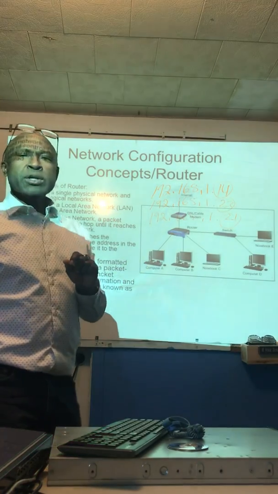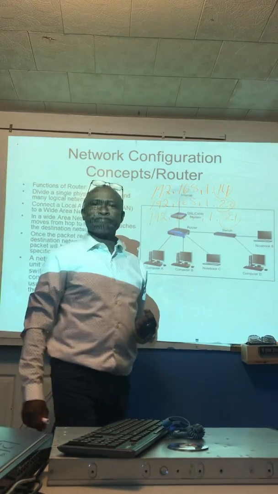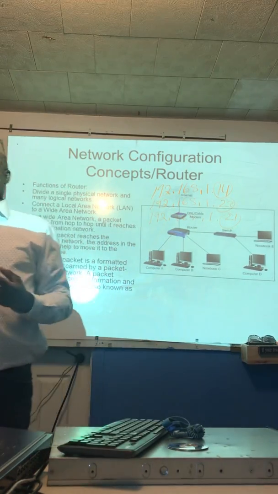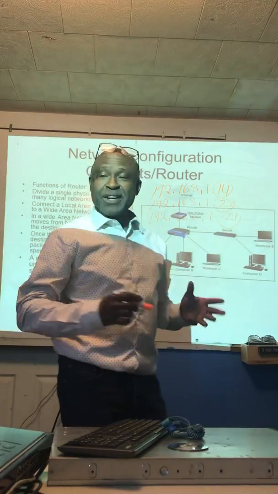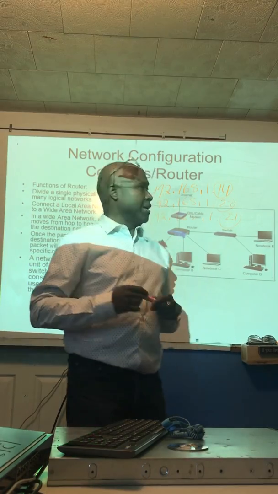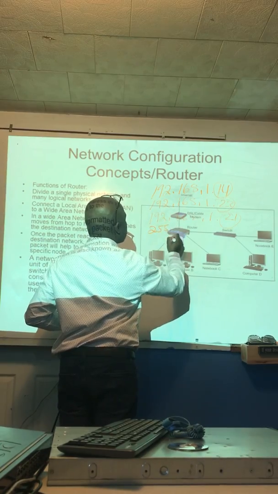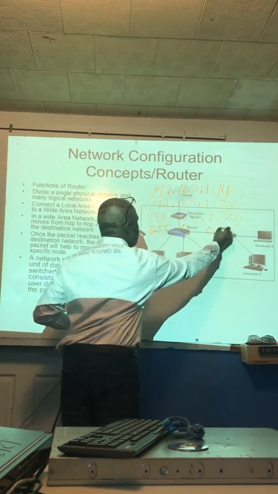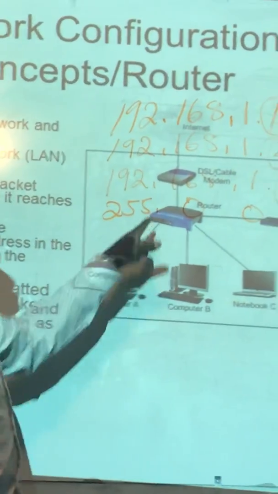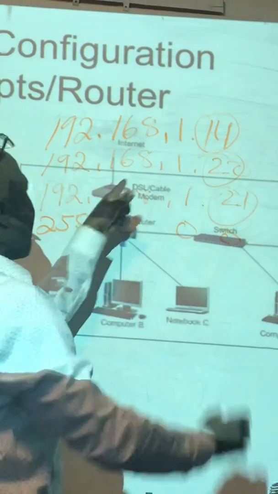Now, I was talking about the subnet mask. What is the subnet mask? The subnet mask is a set of 255 numbers and zeros. So what happens is, if I put 255, that 255, that 0, that 0, that explains the network ID for this network is 192.168.1.